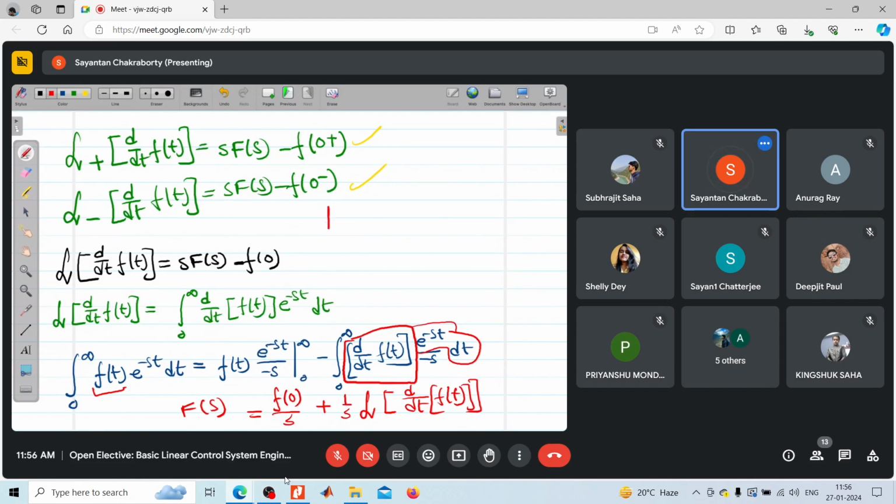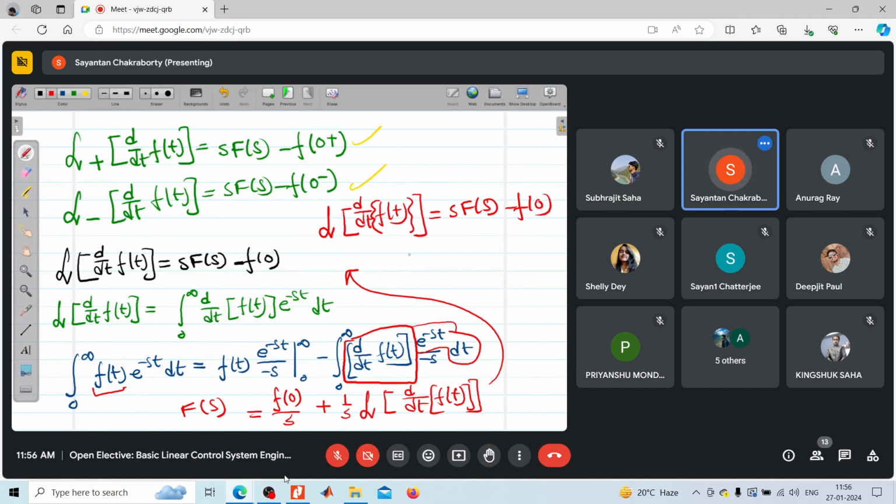So we have the Laplace transform of d/dt of f(t) on the right hand side as sF(s) minus f(0). Right.